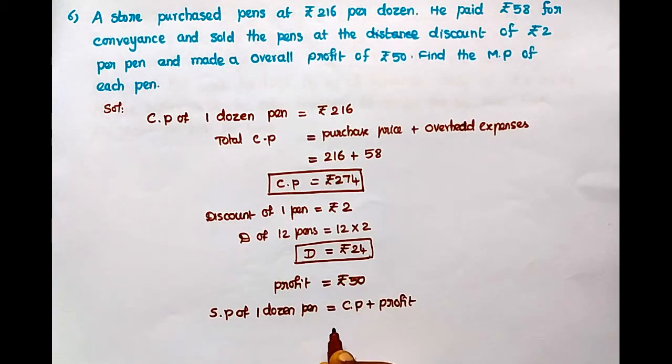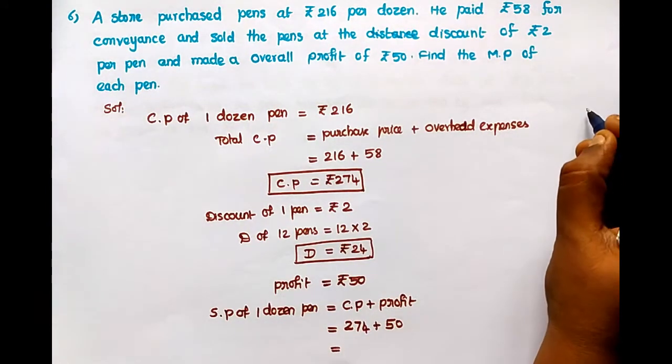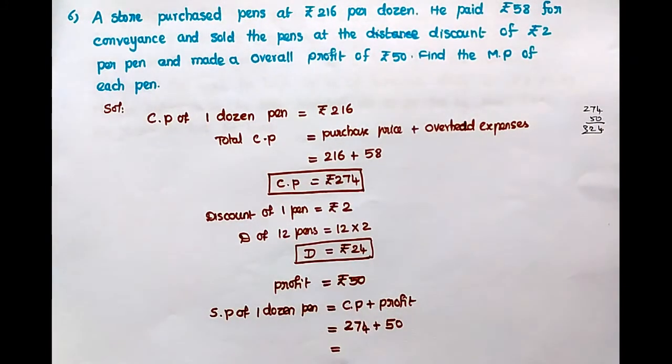That is the selling price. So cost price is 274 plus profit 50. Totally selling price is how much? 274 plus 50, 324 rupees. That is selling price.